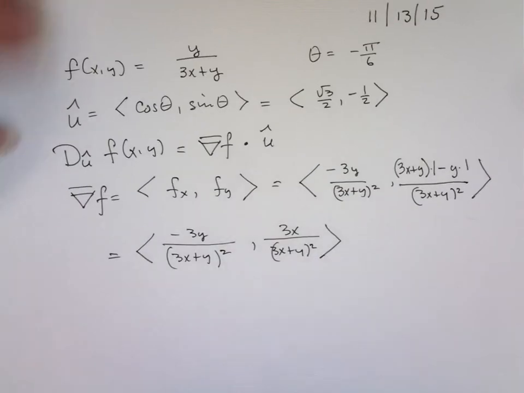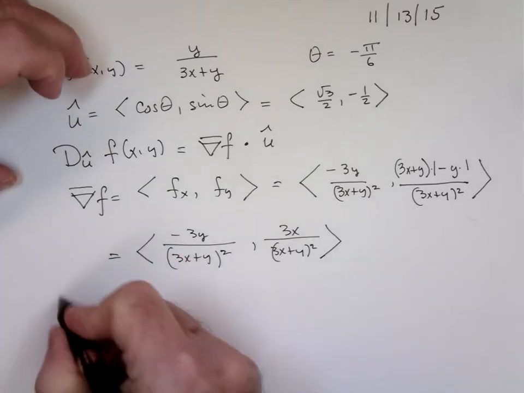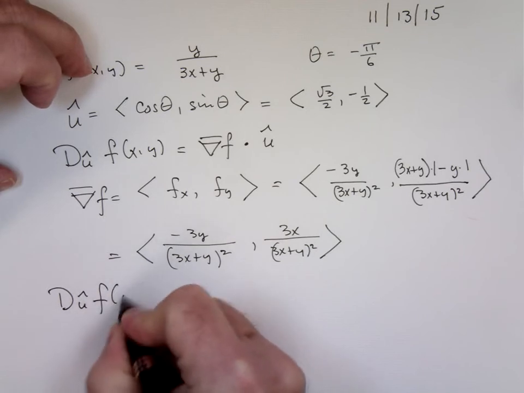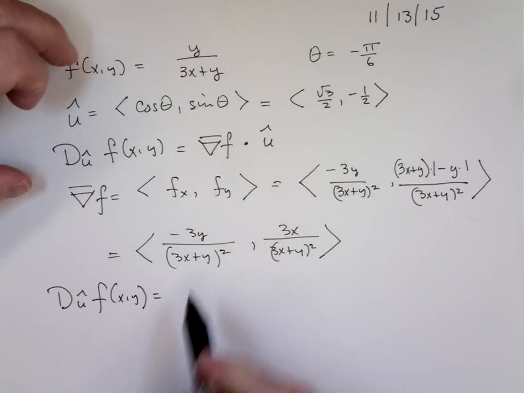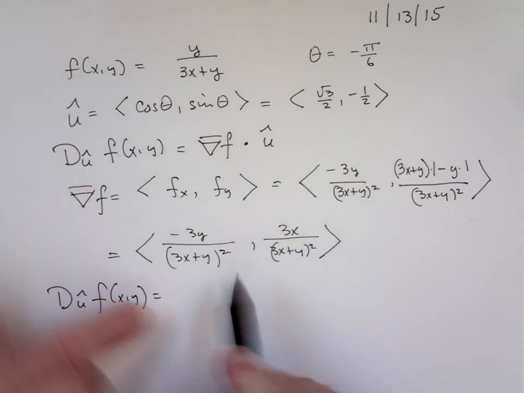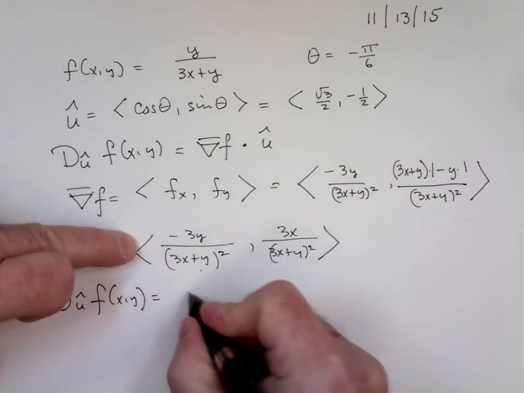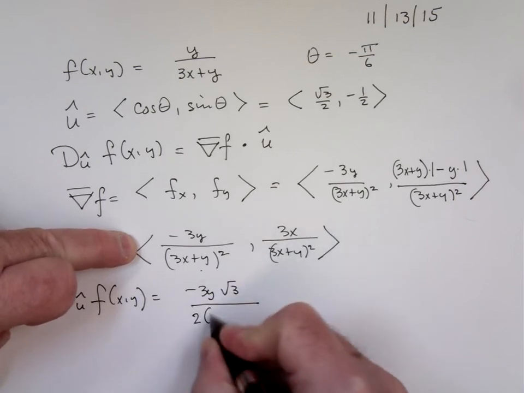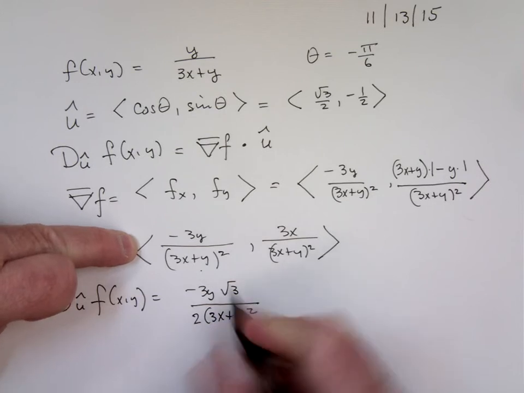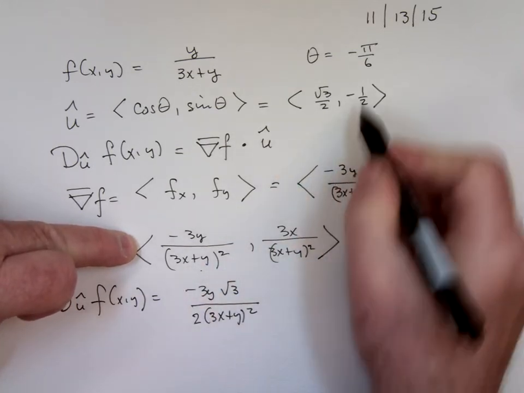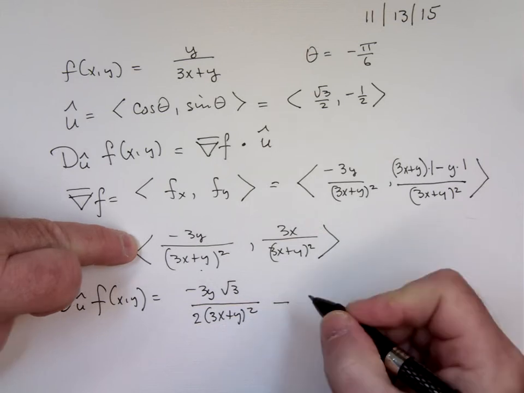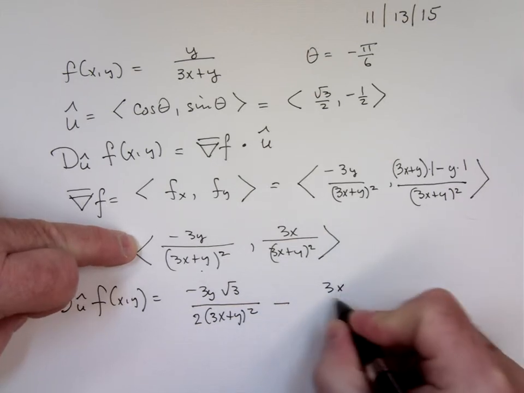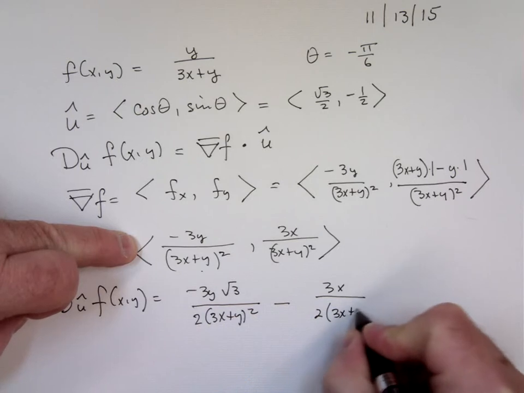So, the directional derivative, the slope of that tangent line to our surface in that direction, is equal to the dot product of this with that. We're going to get this times this: negative 3y square root of 3 over 2 times (3x plus y) squared, plus this times this, so that becomes a minus 3x over 2 times (3x plus y) squared.